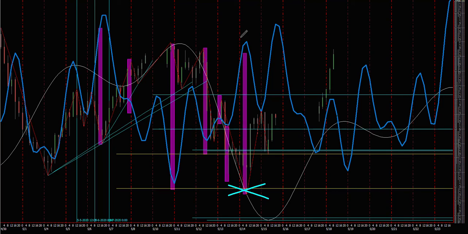So we had the time and the price vibration. This is a 4-hour chart. So either way, you will have a structure. So we will keep this structure.